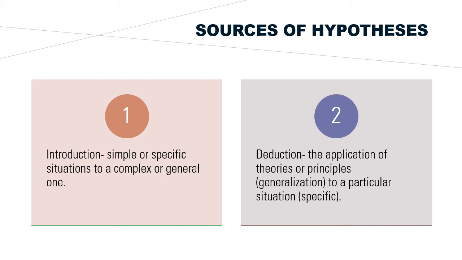But for deduction, let's say, for example, there is this theorist who would say nurses are prone to stress because of the number of patients that they are encountering. That's being said by one theory. She has a generalization. As a researcher, I could say, maybe my respondents will also be stressed because she is a nurse.